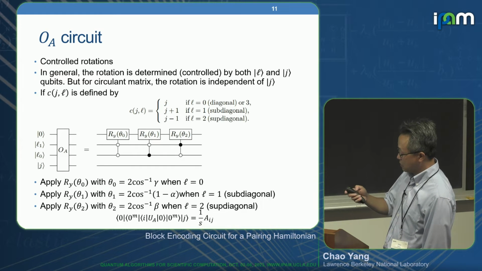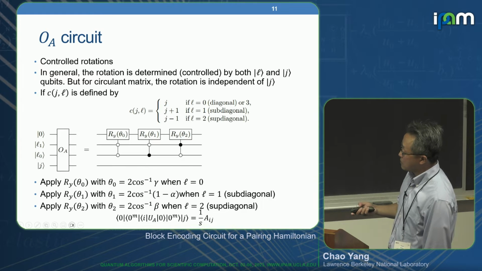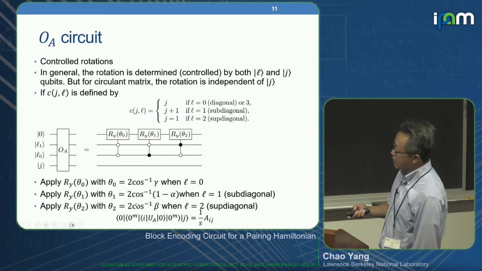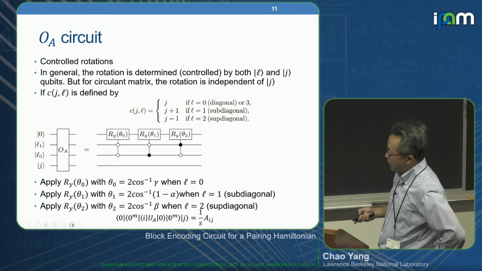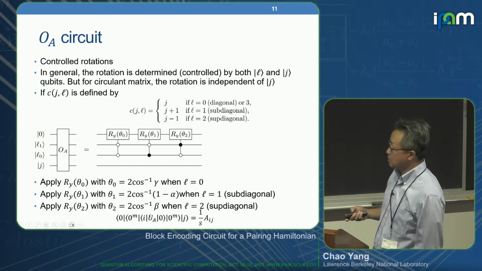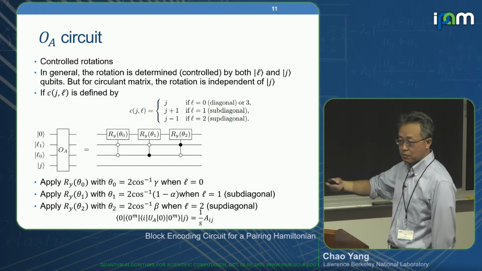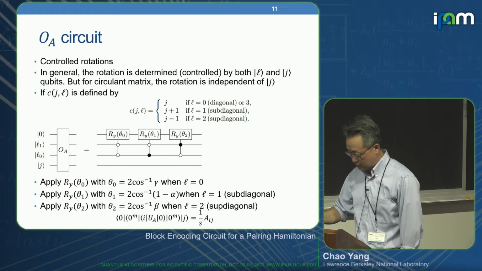This is one way to construct the circuit, and you can verify that these are the angles you need to apply the rotation to get the matrix element. You get these angles by looking at this equation to make sure that you get the right matrix elements in the right positions. I'm not going to go through the arithmetic. It's simple algebra to work out all these angles.